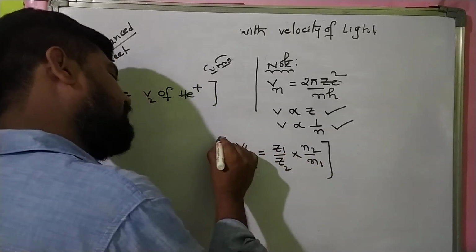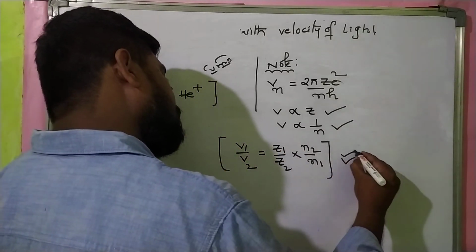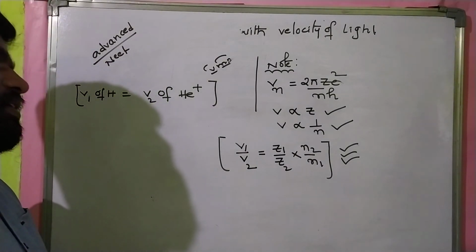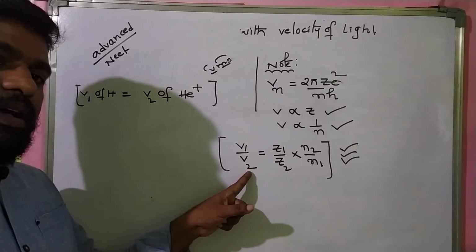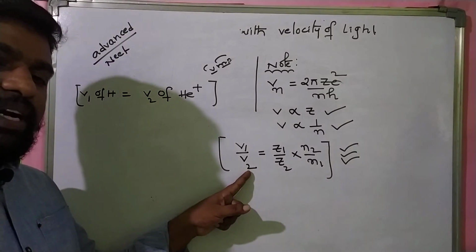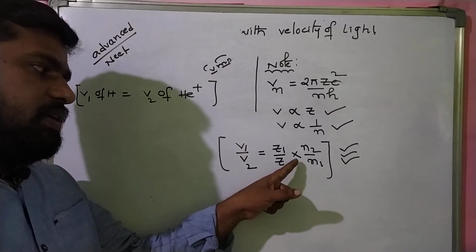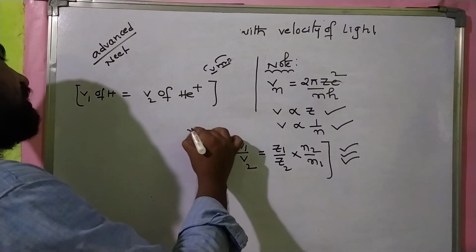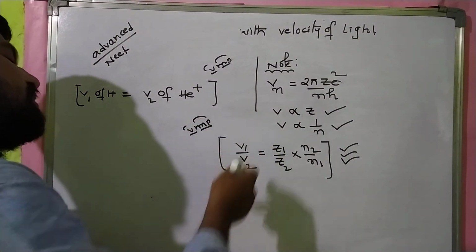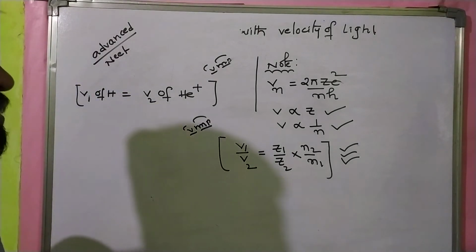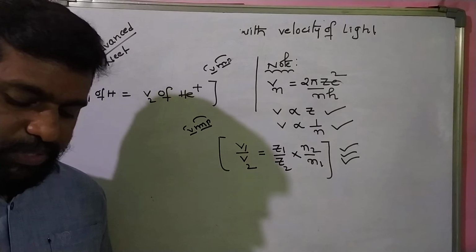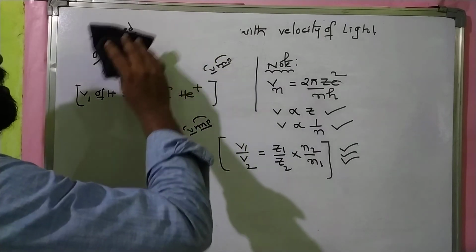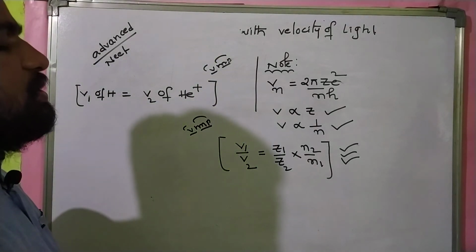This is for comparing two velocities of two different electrons in two different atoms. This is a very important principle, please keep it in mind. It is again very important for advanced exams, and many problems may appear based on this in future examinations. Now velocity is completed.